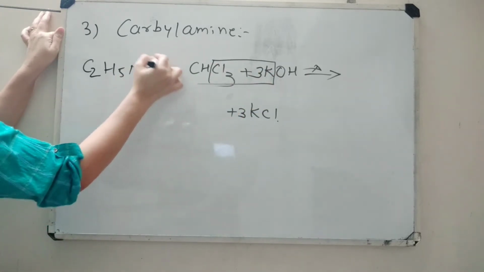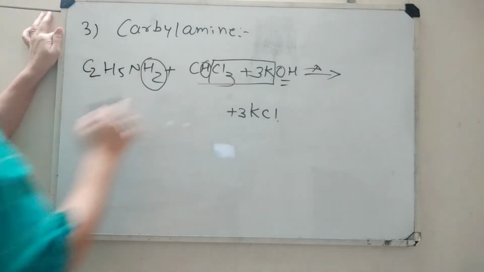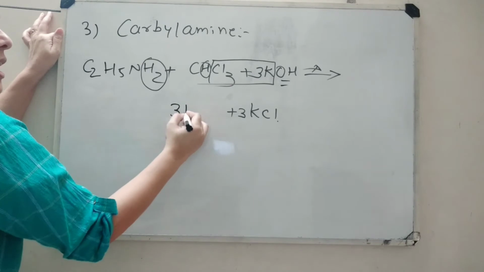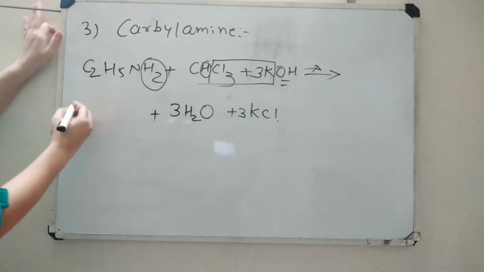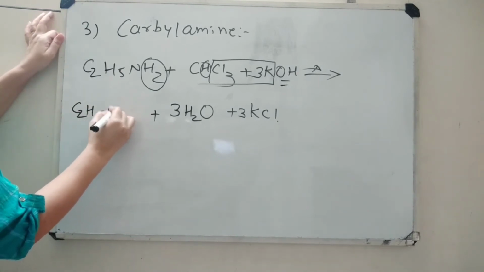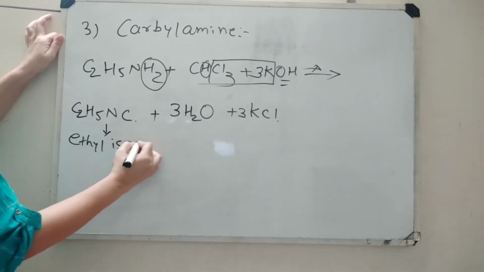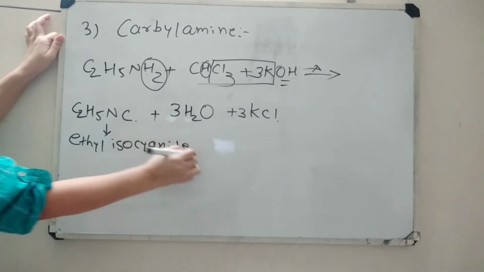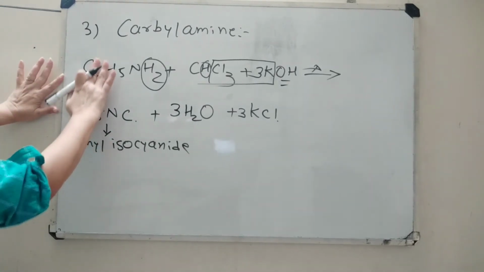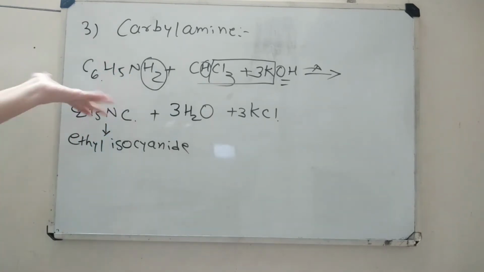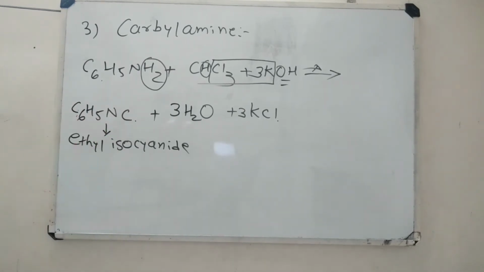Now the 2 hydrogens of the amine and the 1 hydrogen of chloroform combine with the 3 OH groups to form 3 H2O. Whatever is left, we join the C2H5 and C, and it is known as ethyl isocyanide. If instead of C2H5 we put C6H5, the reaction remains the same, and we get phenyl isocyanide.